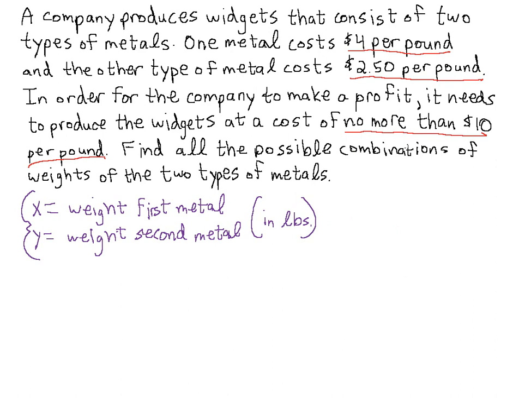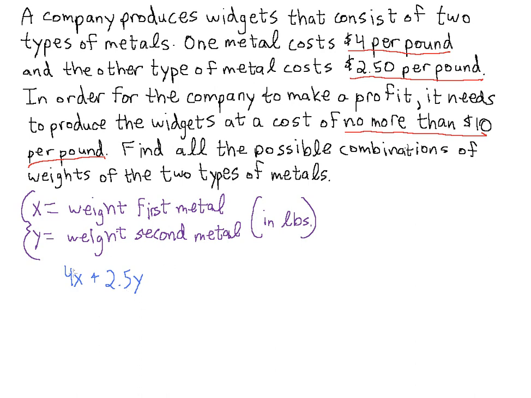Let's use these pieces of information to write a linear inequality in terms of our variables. Our first metal is $4 per pound, and x is the weight of the first metal. So the cost of the first metal is 4x, $4 per pound times the number of pounds, plus the weight of the second metal times the cost per pound of that metal, so 2.5y.